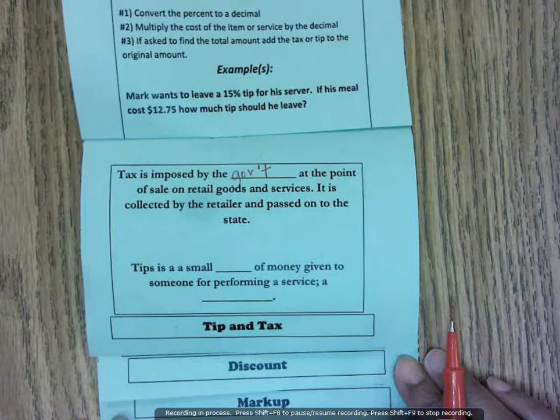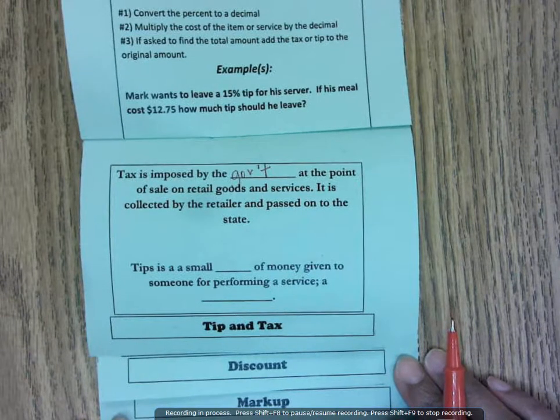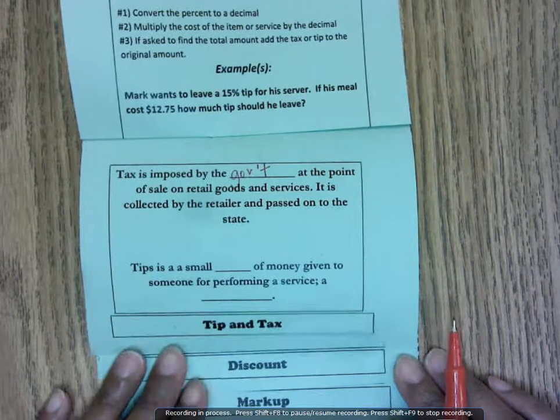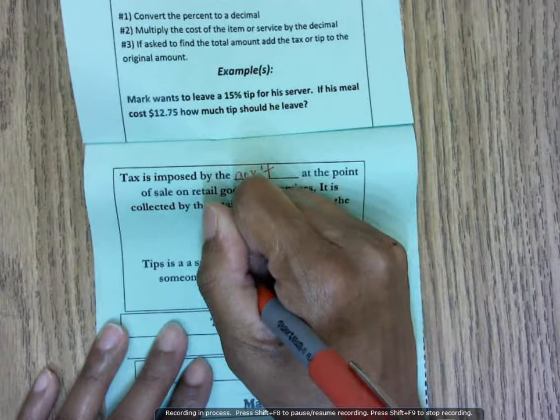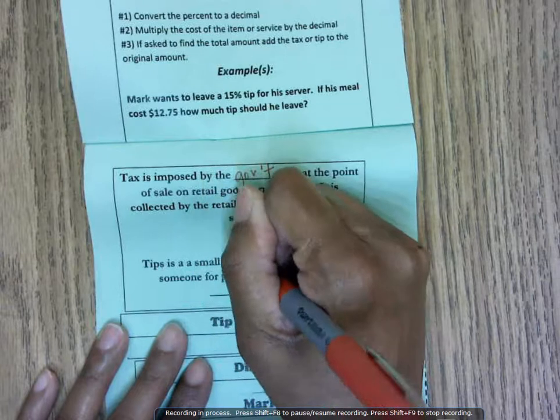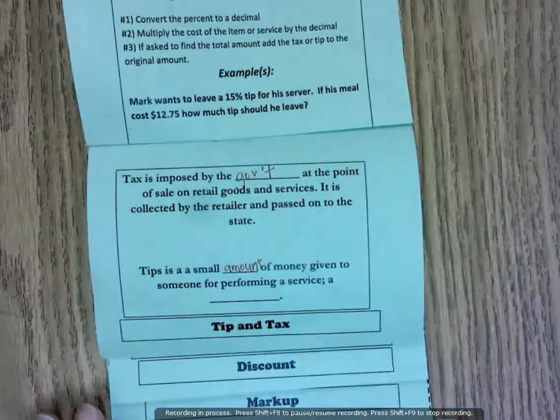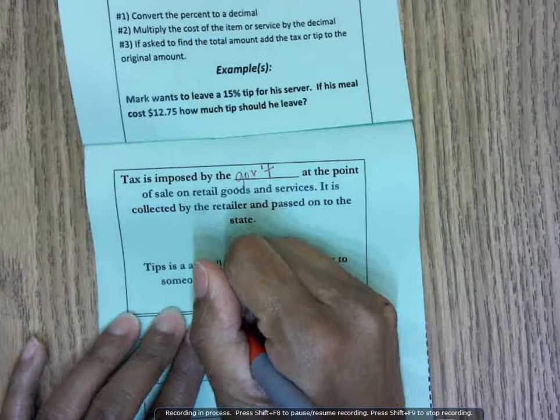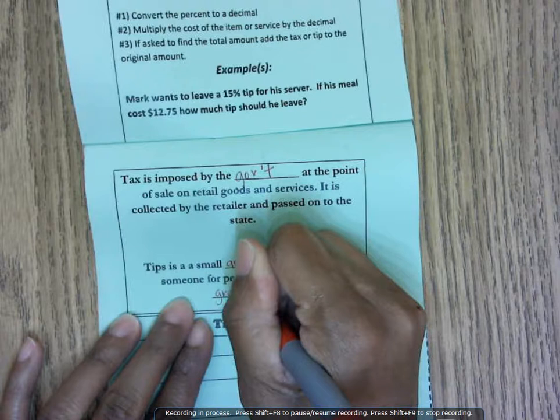Tips, on the other hand, are a small amount of money given to someone for performing a service. It is oftentimes called a gratuity. So it's a small amount of money we give someone to say thank you for doing such a great job.